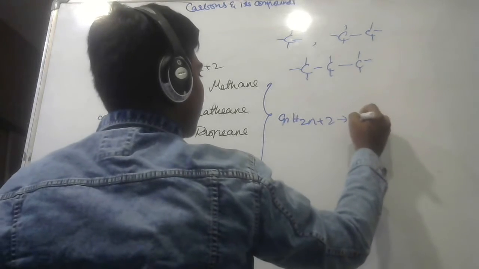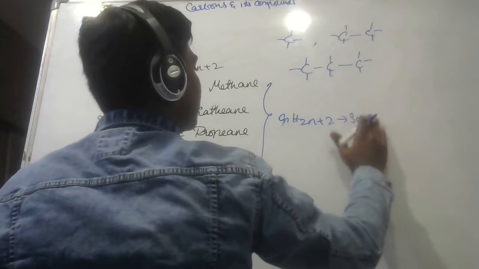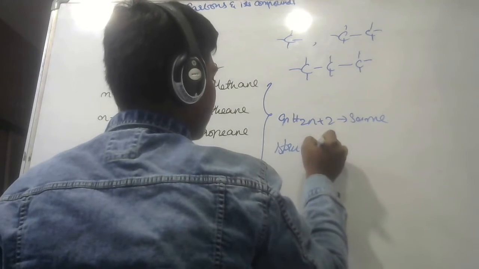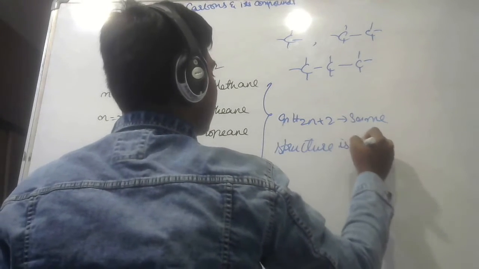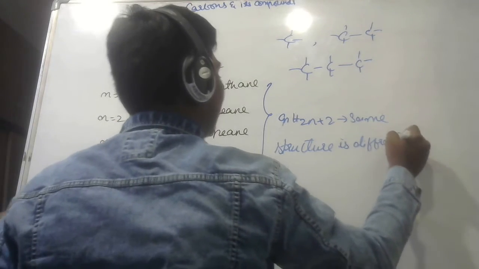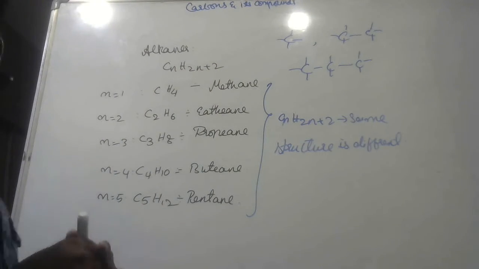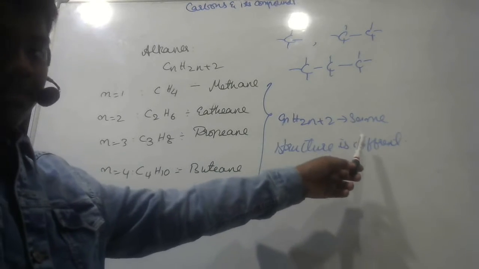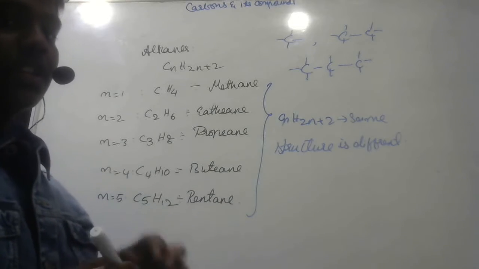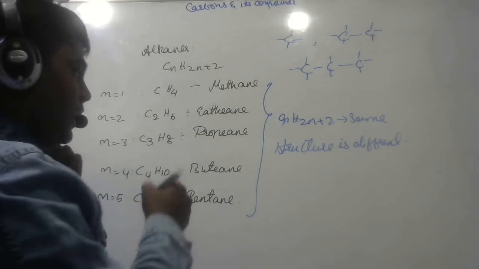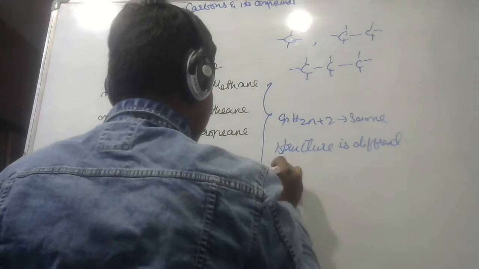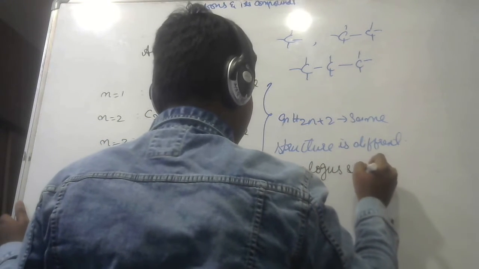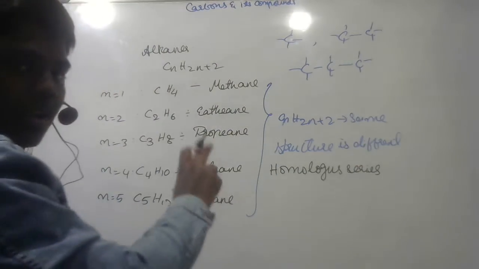The general formula is the same, but the structure is different. If compounds have the same general formula but different structures, then we call that series a homologous series.